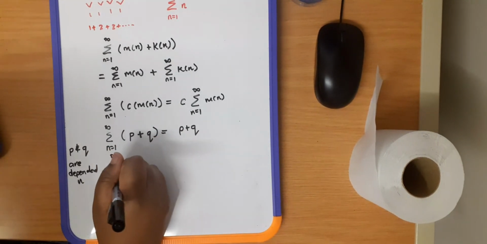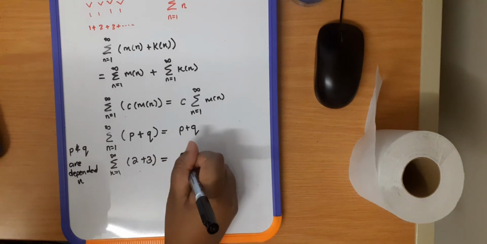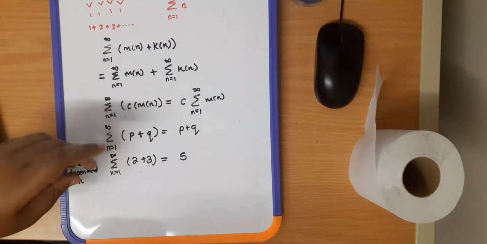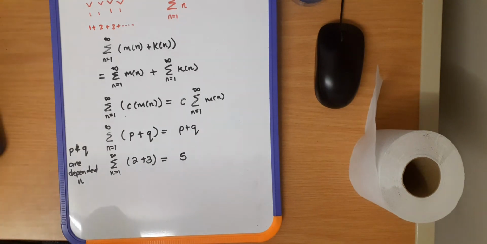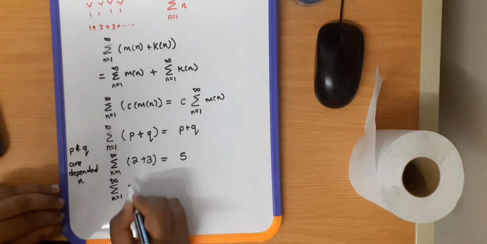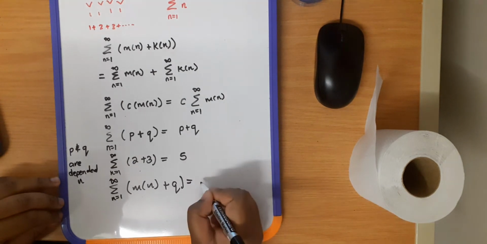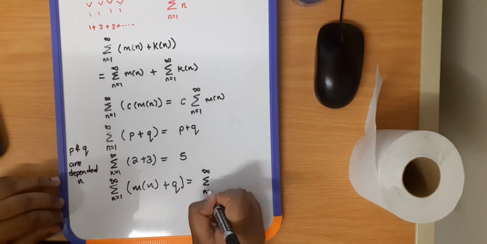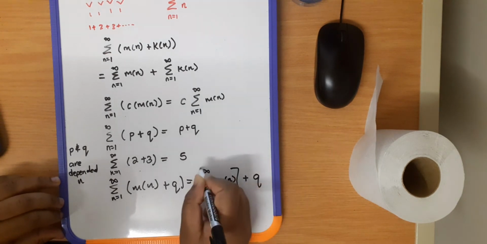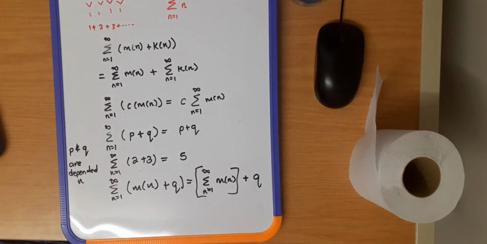It's like having a series, n equals 1, of 2 plus 3. This is just 5, because none of these two terms depend on n, so you can't add anything subjective to n. So if we had a series like this of m(n) plus q, it would just be the series of m(n) plus q at the end. You can solve the series and then add q at the end. It really doesn't matter how you do it.